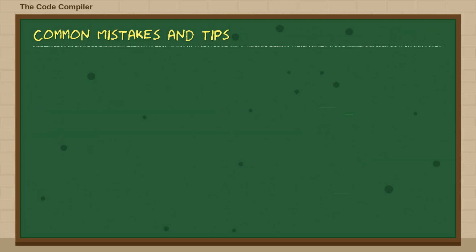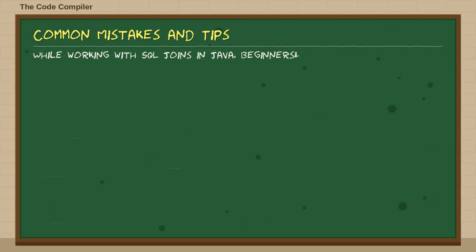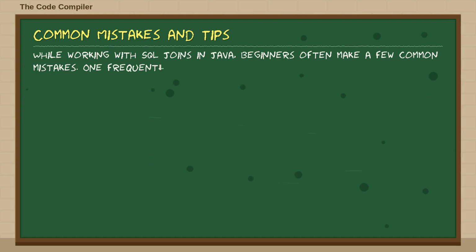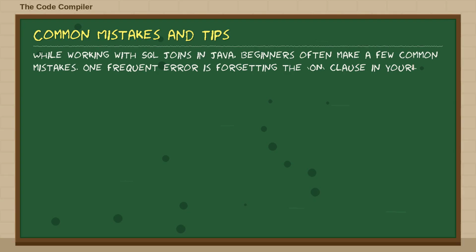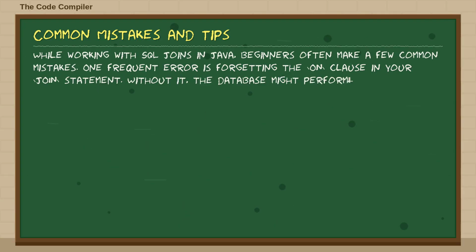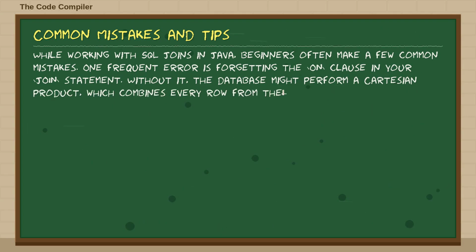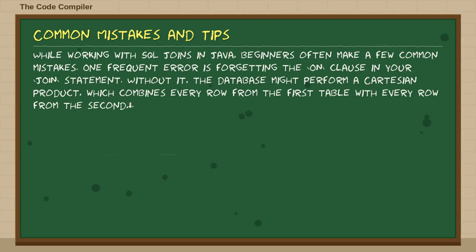While working with SQL joins in Java, beginners often make a few common mistakes. One frequent error is forgetting the ON clause in your join statement. Without it, the database might perform a Cartesian product, which combines every row from the first table with every row from the second, leading to a massive and incorrect result.